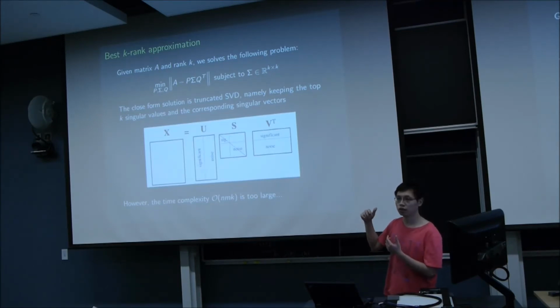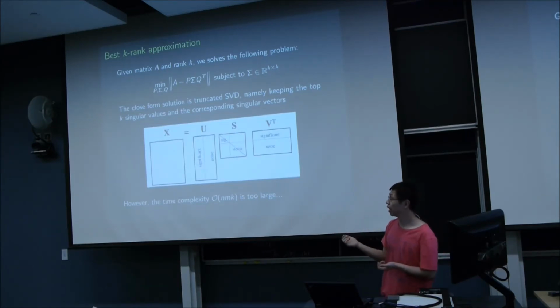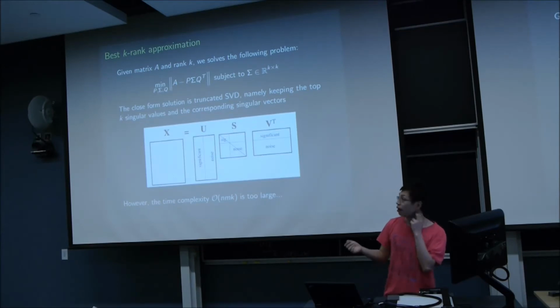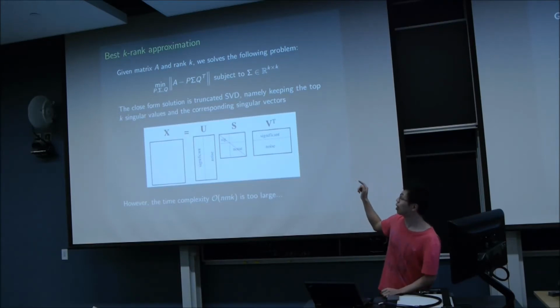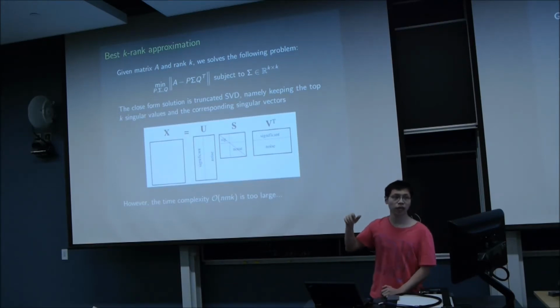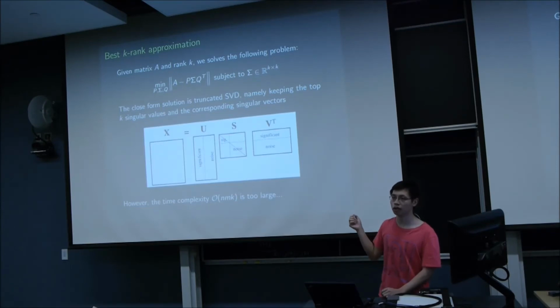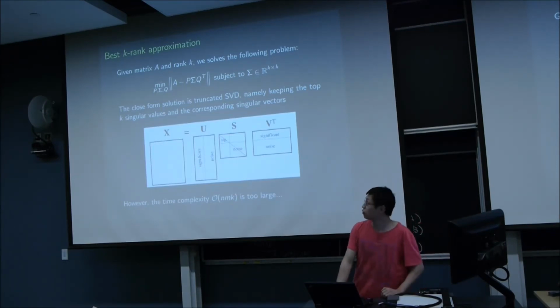So you can use the rank K approximation to approximate A very well. And the constraint here is that sigma is a K by K matrix. So P has only K columns and Q also has only K columns. And this has a closed form solution.